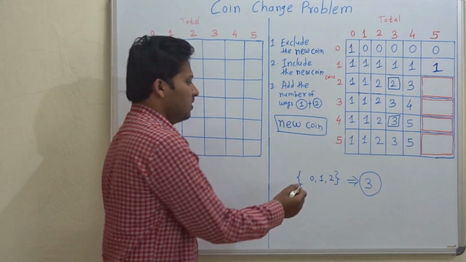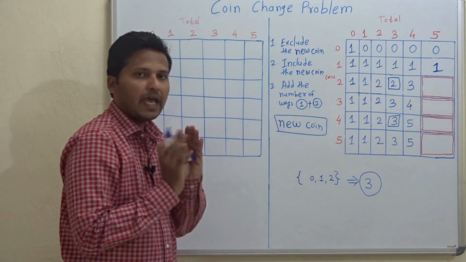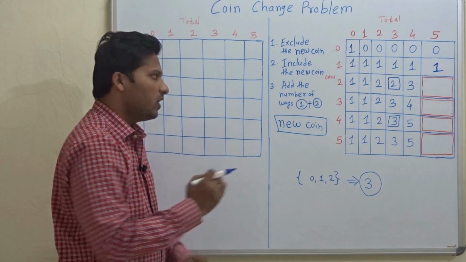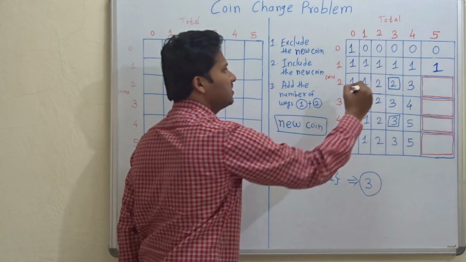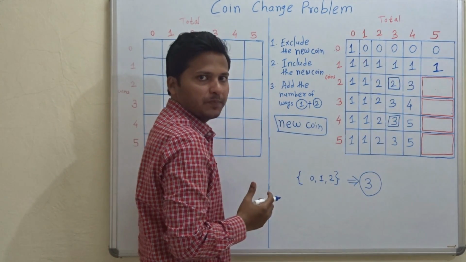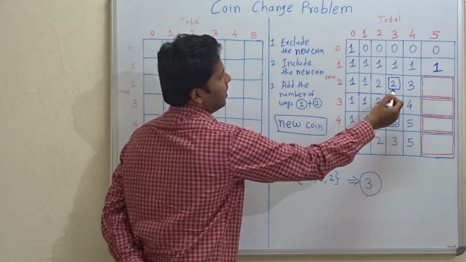And note that an infinite supply of these coins is available. Now let's see the matrix, this memoization matrix for dynamic programming. First, just read this matrix. Suppose this cell.